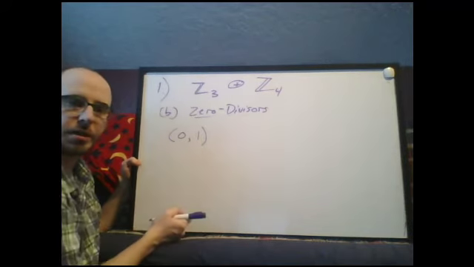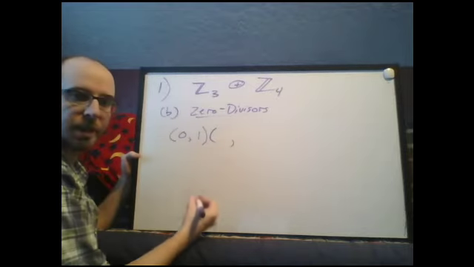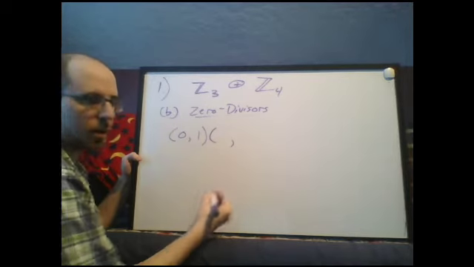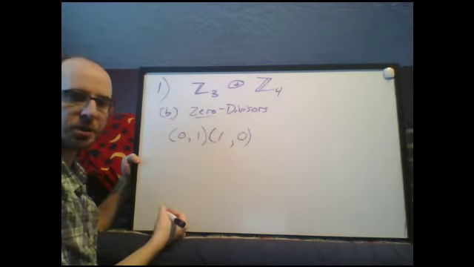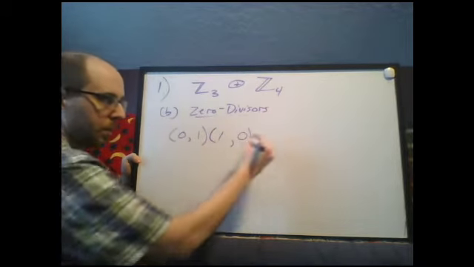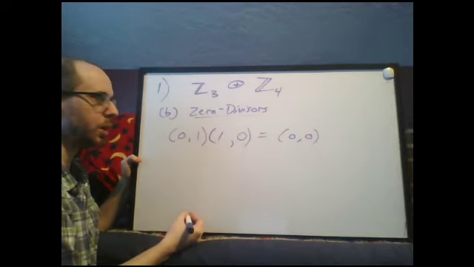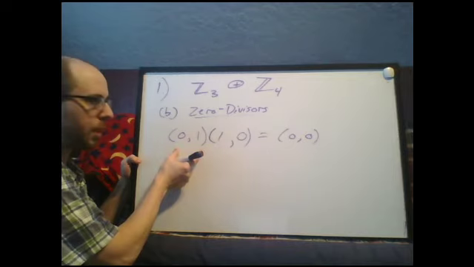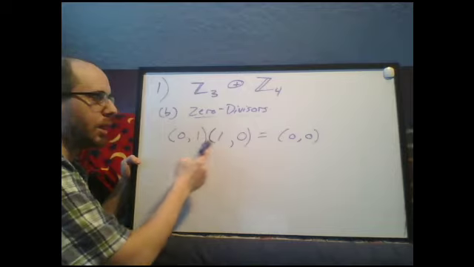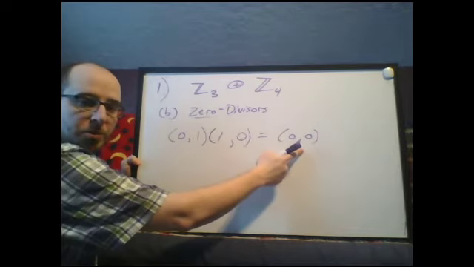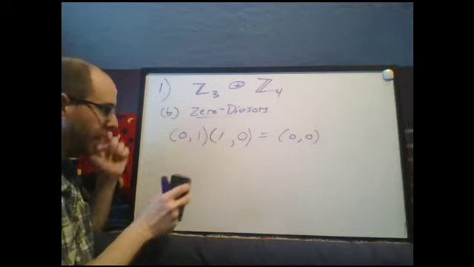If I have a pair like this, then in the second pair, I put a 0 in the opposite place and some non-zero thing in the first place. These will multiply to give me (0,0). So we are looking for ordered pairs for which I can find some other non-zero ordered pair that when I multiply them gives me the 0 ordered pair. Okay, so this kind of construction will work.